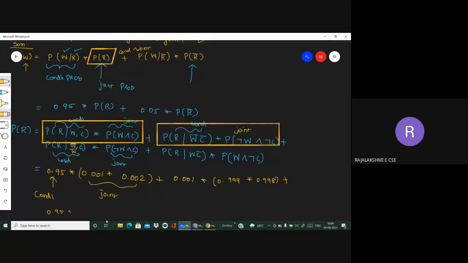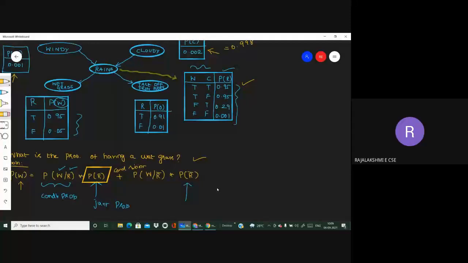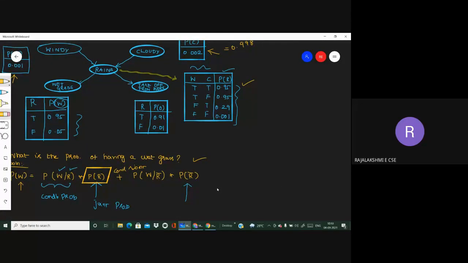Not wind and not cloud. Sorry, not wind and cloud. See the table. Not wind and it is cloud. False, true condition, what? See the probability table of rain. 0.29. 0.29.